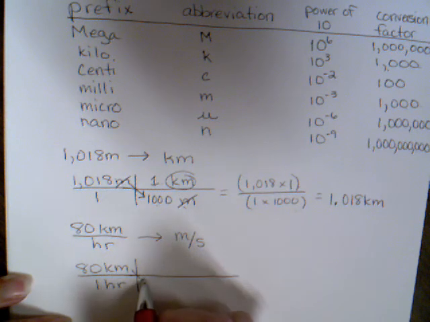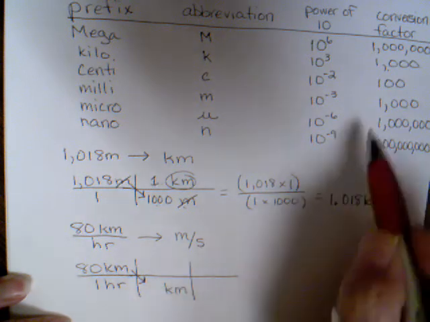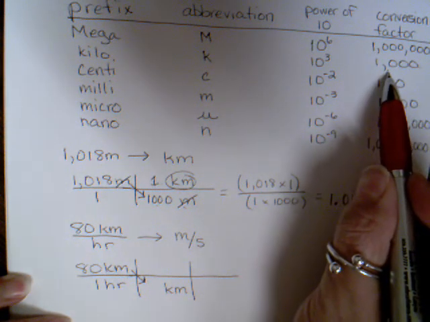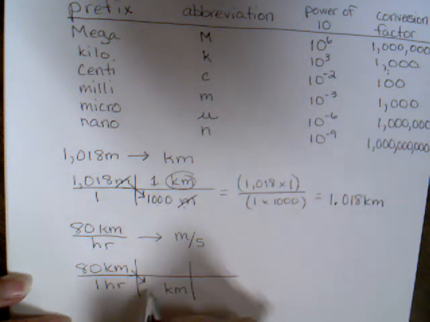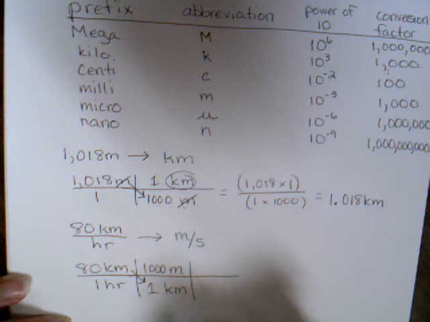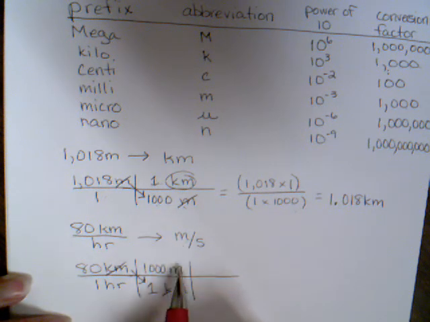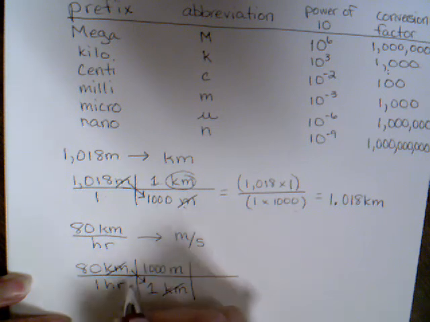I would draw an arrow to drag my units down here. I know that there is 1,000 meters in 1 kilometer. So I would write my conversion factor, cancel my unit. I now have my meters, which is what I need, but I still need to convert my hours to seconds.